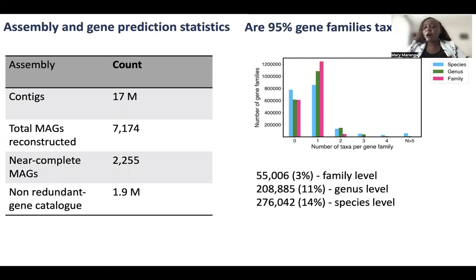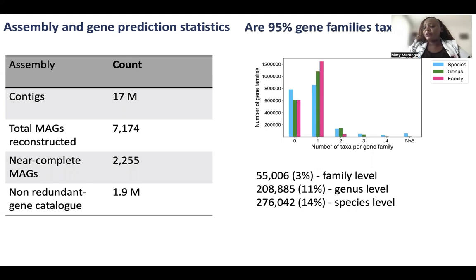Like I mentioned, through our workflow we integrate gene homology from our gene catalog and the taxonomic information coming from GTDB. So we further try to provide insights into the following questions. Are 95% gene families taxa-specific? Here we stratify these gene families into various levels: species, genus, and family.